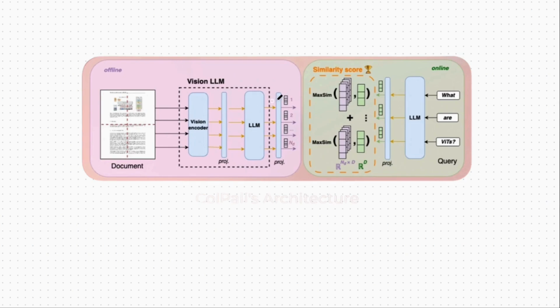After the vision encoder and the LLM, we generate these vector stores based on the image, and we end up with multi-vector embeddings for each of the patches, okay?